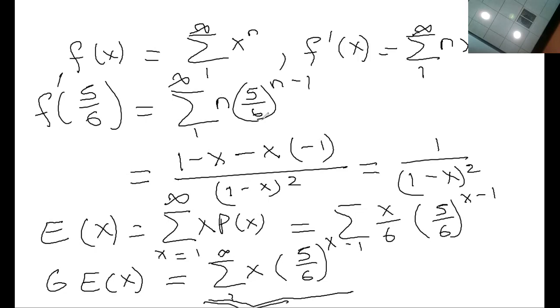So we all know what f prime of x is. This is f prime of x here. So if we put 5 over 6 here, we get f prime of 5 over 6.